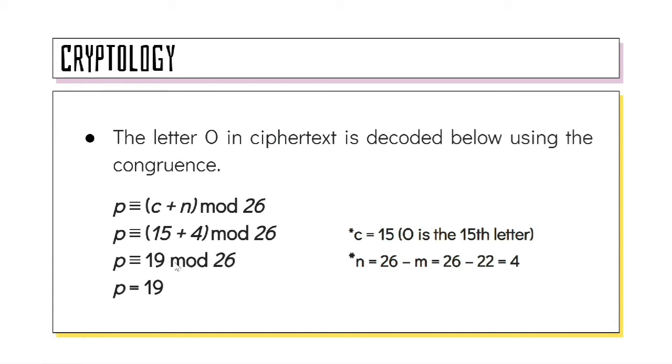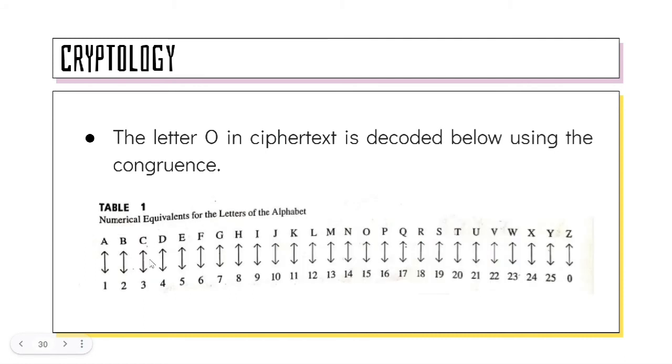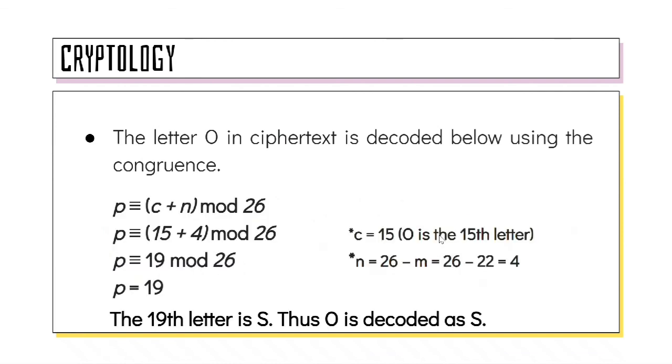If we divide 19 by 26, it cannot be divided, class. So, as is, we will use 19 as the answer. P is equal to 19. So, we look for the plain text letter for 19. Letter S. The 19th letter is S, thus O is decoded as S.